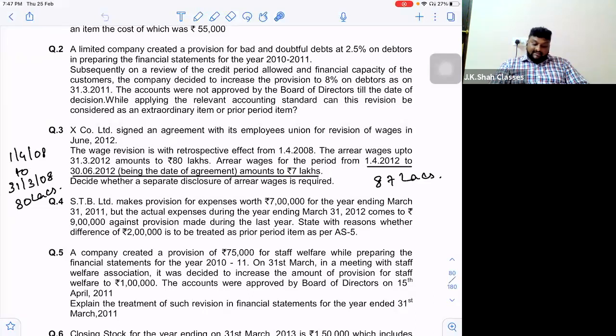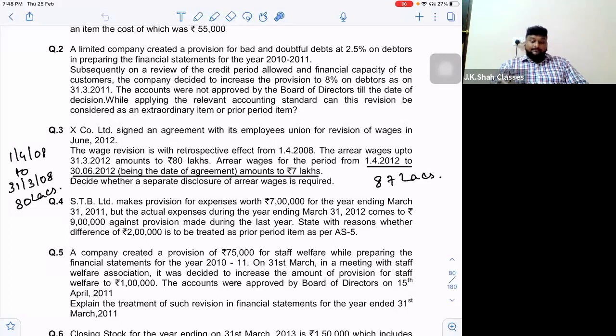While applying the relevant accounting standard, can this revision be considered as an extraordinary item or a prior period item? Now, sir, please understand. Yes, the answer I got from Sujit is absolutely correct. Can I say this is a question based on changes in accounting estimate? We already discussed that changes in accounting estimates cannot be directly said to be an extraordinary or a prior period item.